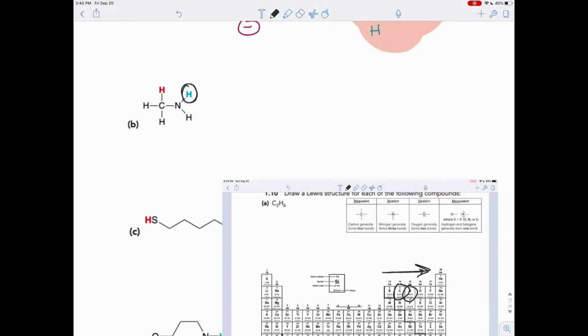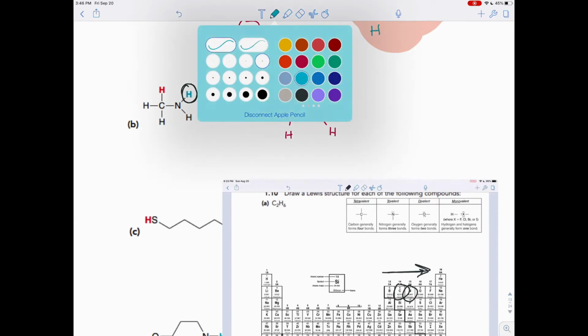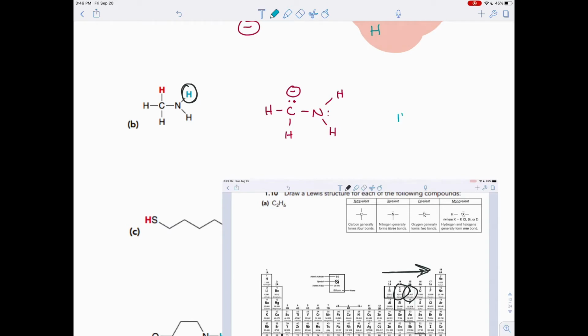If the red hydrogen comes off, you would be left with this. And if the blue hydrogen comes off, you would be left with this.